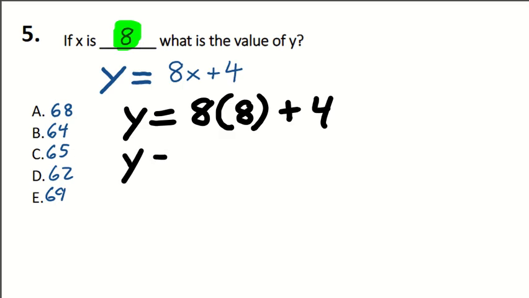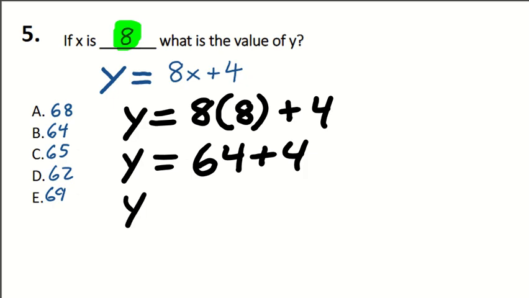And now we can just evaluate 8 times 8, which is 64. And that leaves us with 64 plus 4, which means that the value of y is going to be 68. So in review, when x is 8, the value of y with this particular equation will be 68.